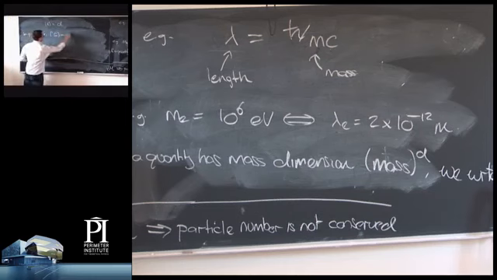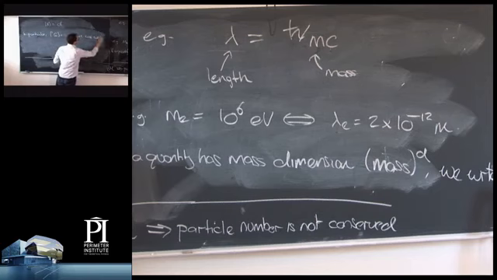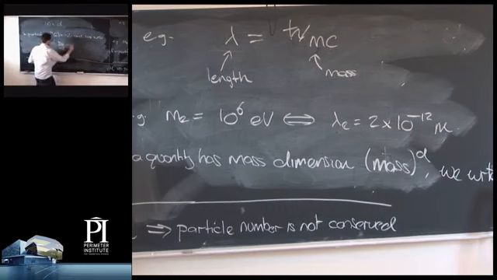So in particular, Newton's constant, which we haven't talked about yet, has dimensions minus 2. And so we use Newton's constant to define an energy scale after we've said h bar equals c equals 1.